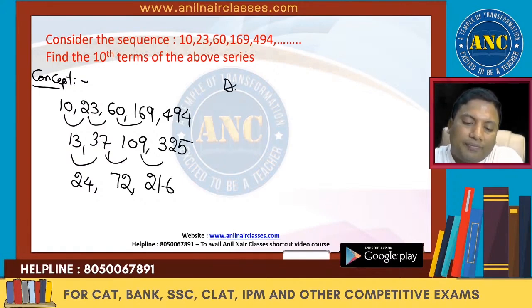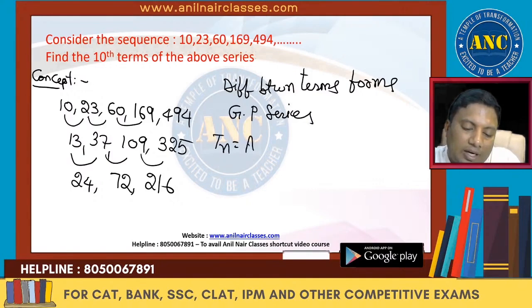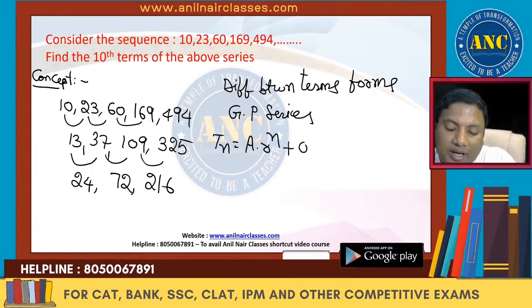Please write down. If the difference between the terms forms a GP series, what is the idea? Tn is nothing but A into R power n plus phi of n. What is phi of n?